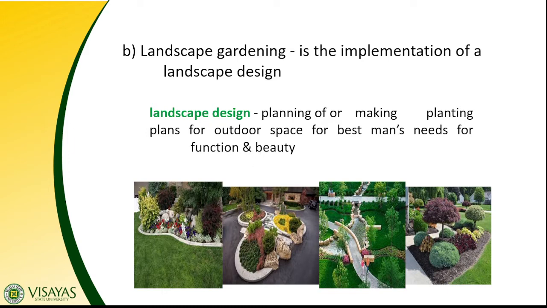The pictures below are an example of a landscaped area or grounds, landscaped following a landscape plan or design. You can see the area rendered beautiful to look at because of the appropriate arrangement of the different plants used.